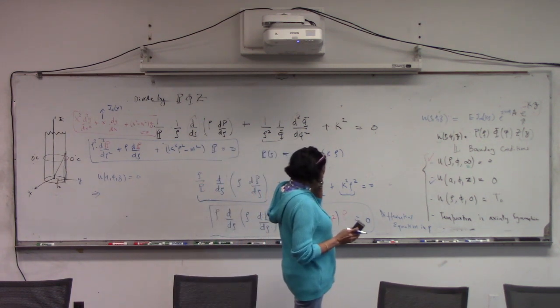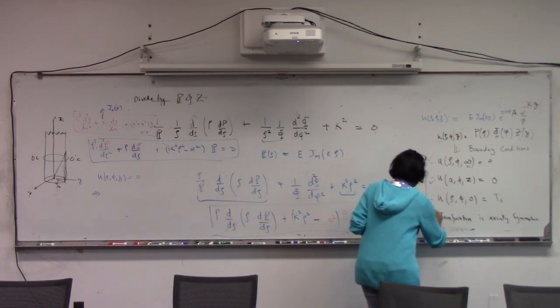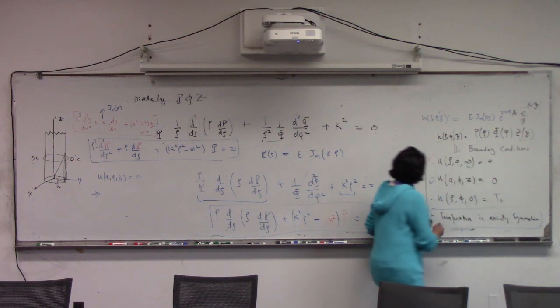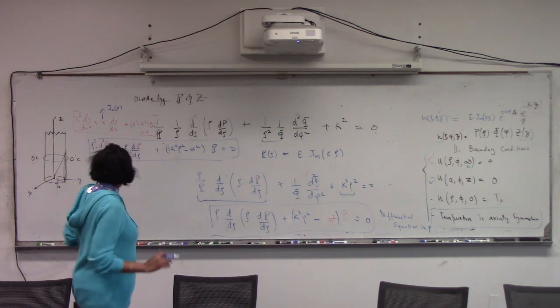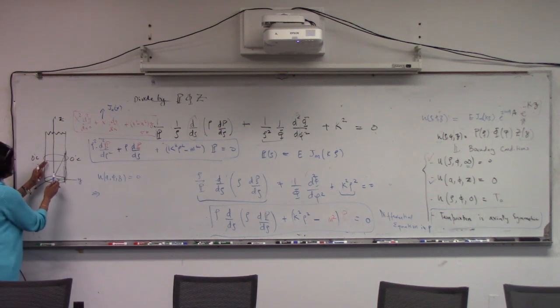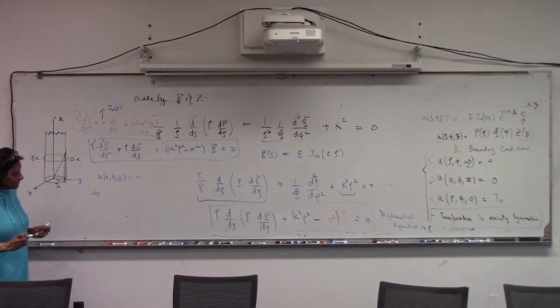That is one thing that can do that, and also the temperature is actually symmetric. Let me maybe do that first. I said it has to be axially symmetric, and at every cross section, it has to be the same, whatever the temperature distribution is.